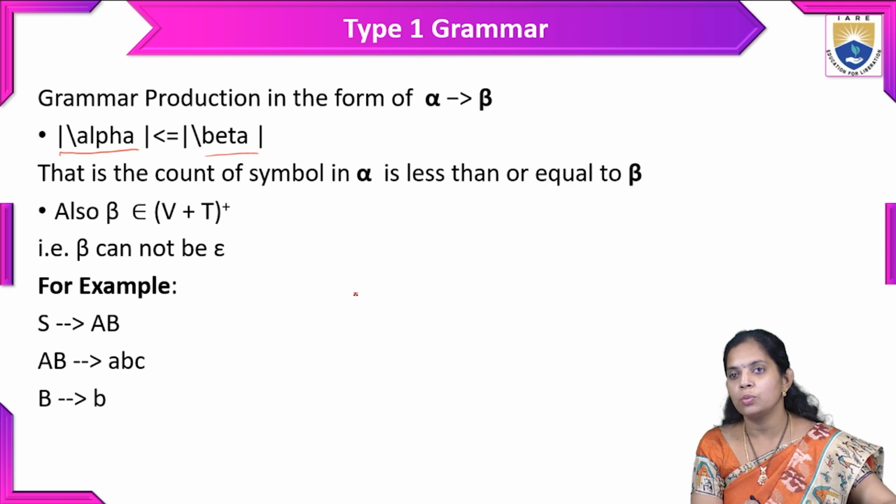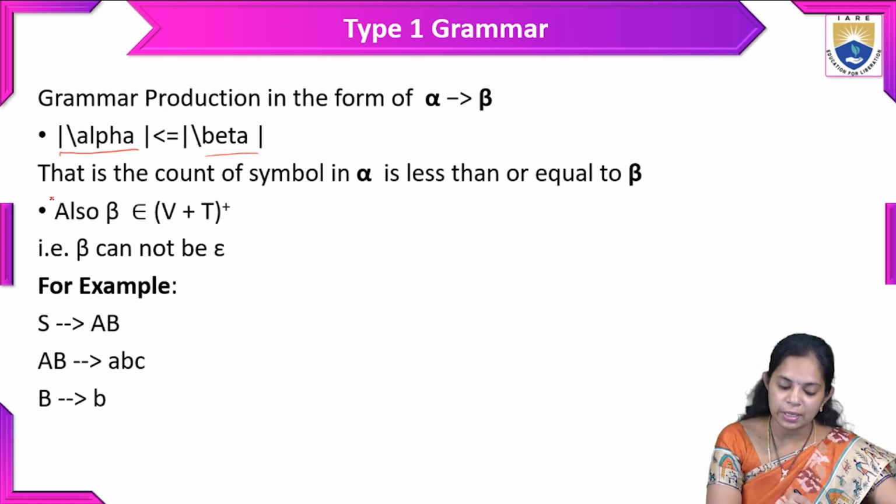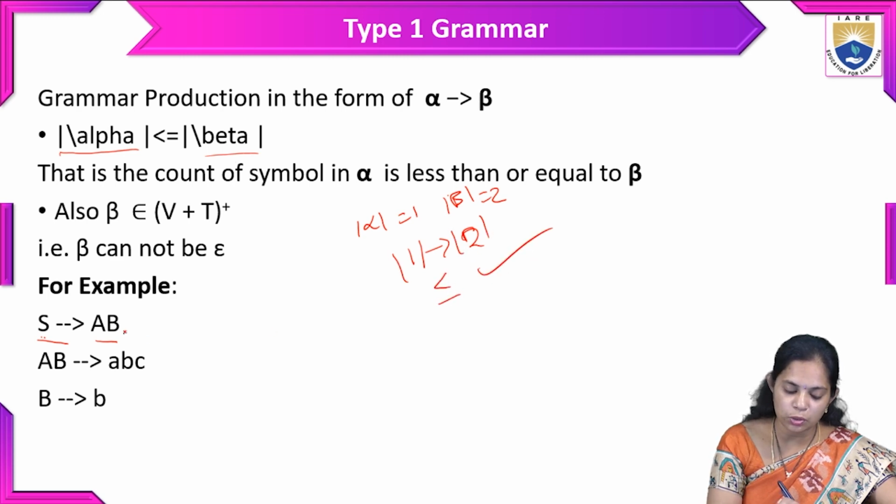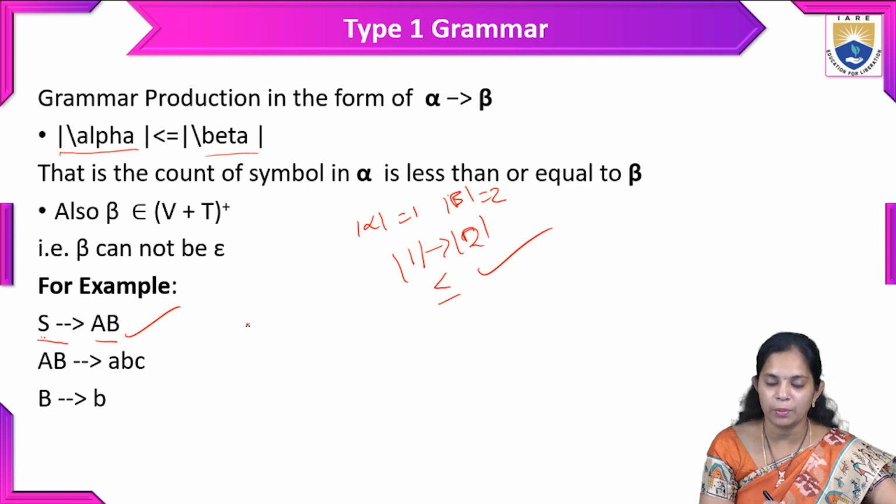If you observe this example, on the left hand side the length of alpha is equal to 1, and the length of beta is equal to 2. So 1 is less than or equal to 2, and this production rule satisfies the type 1 grammar.